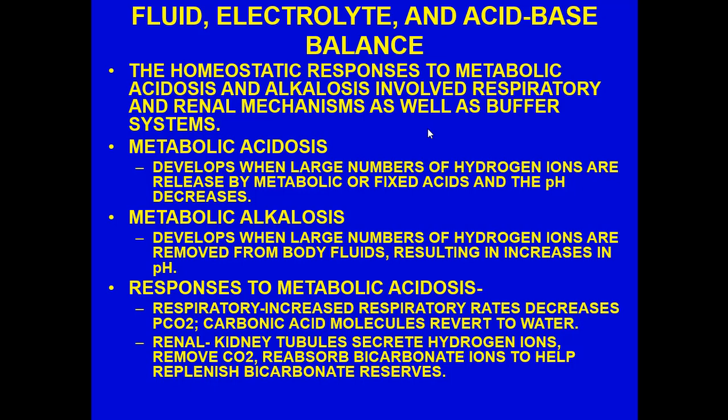Metabolic acidosis develops when large numbers of hydrogen ions are released by metabolic or fixed acids, and the pH decreases. Okay. Now, metabolic alkalosis develops when large numbers of hydrogen ions are removed from the body fluids, resulting in increases in the pH. Can that happen?